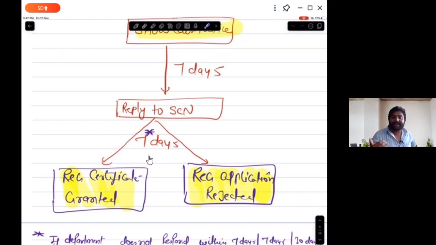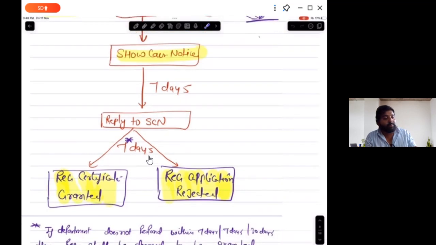After that, I reply to the notice within 7 days. And once they get the reply, they get 7 days to finally take action. If the reply is satisfactory, they will grant the registration. If the reply is not satisfactory, they can reject my application. So this is the basic process if I am doing the Aadhaar authentication.